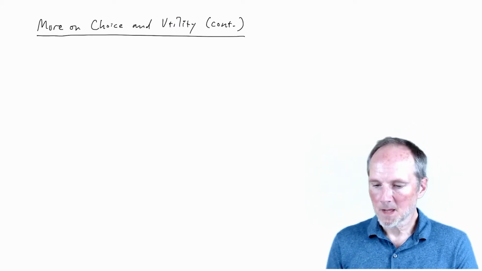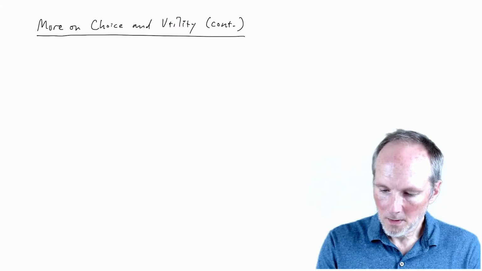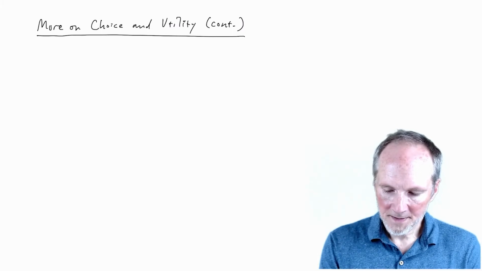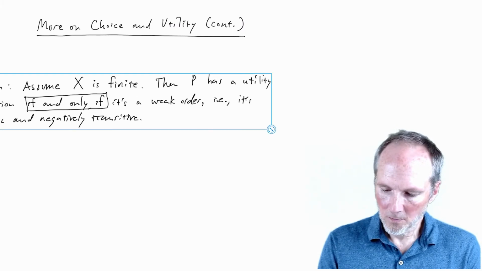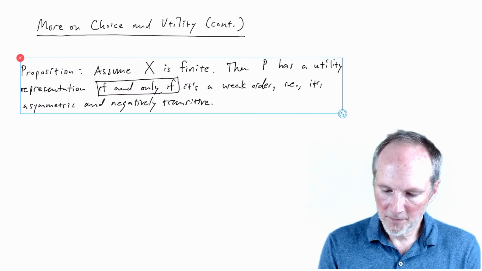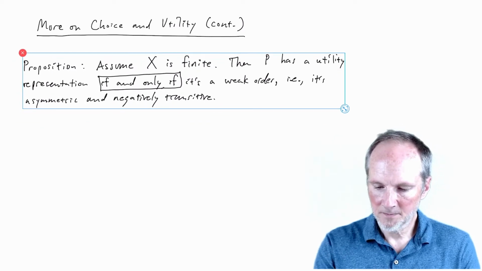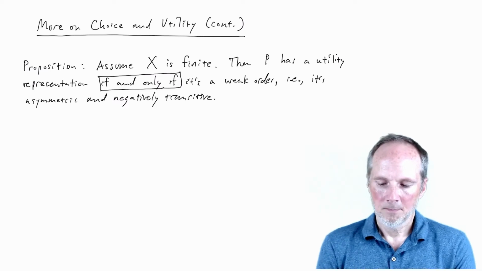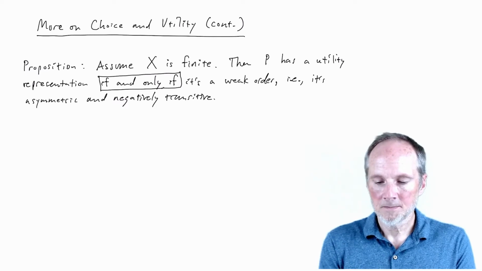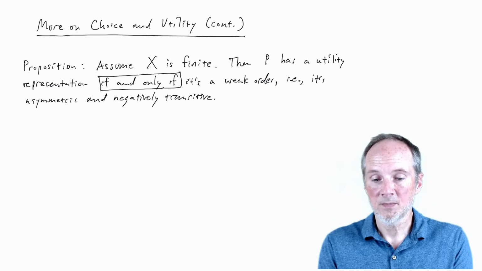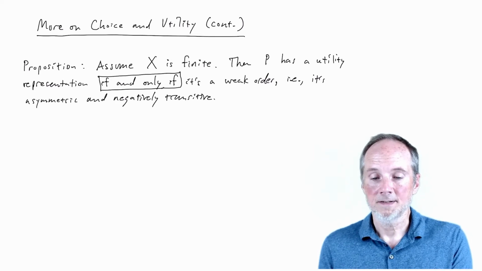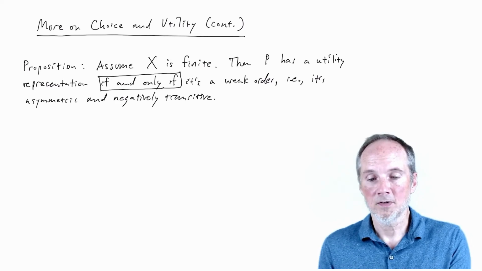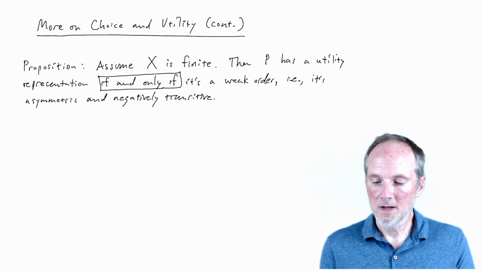Okay. So where we stopped last time was in the proof of this proposition. Again, utility representation is an assignment of numbers such that more preferred alternatives have higher numbers.